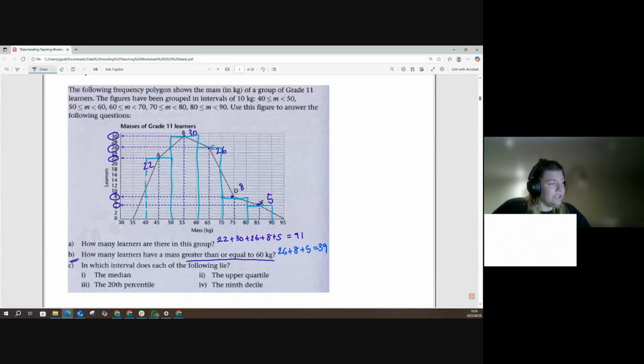Okay, in which interval does the following lie? So where does my median lie?